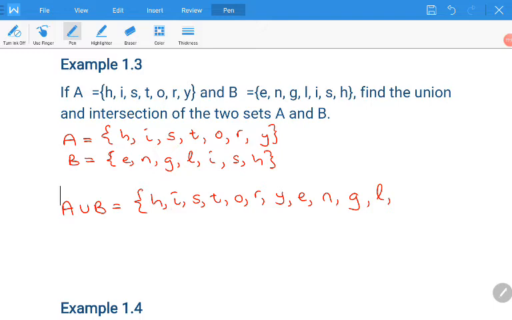S is already in. H is already in. So I close my curly bracket, and this set is 1, 2, 3, 4, 5, 6, 7, 8, 9, 10, 11. It has 11 elements.